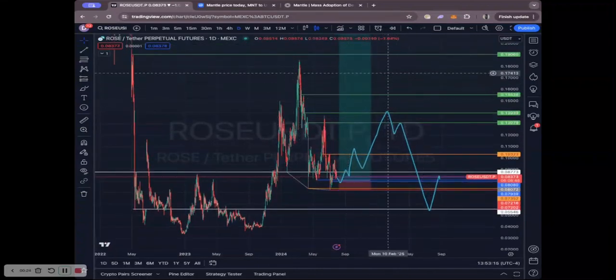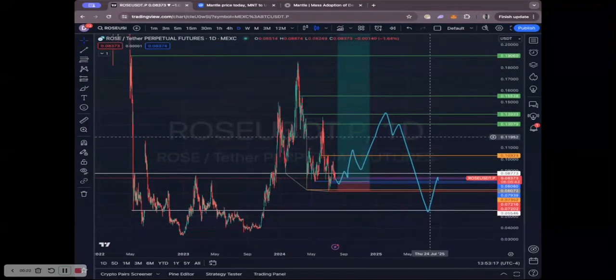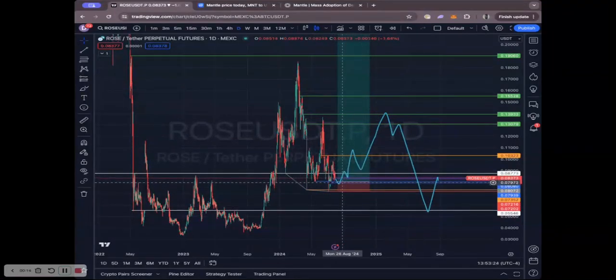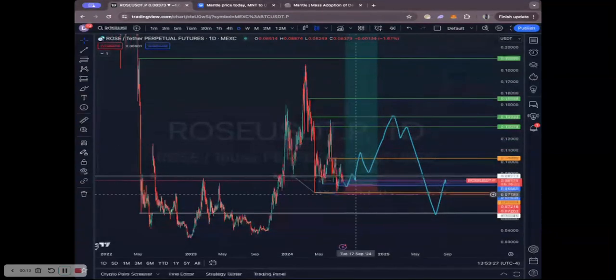So something like that. It really depends on how the range works here. So this one's a little trickier. It could go either way, but I'm leaning long once we get to the range low down here. But until then, I'll wait.